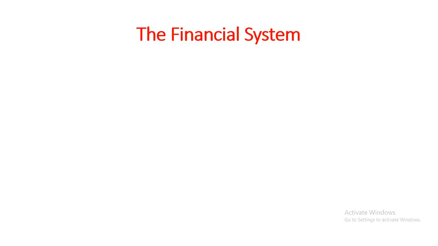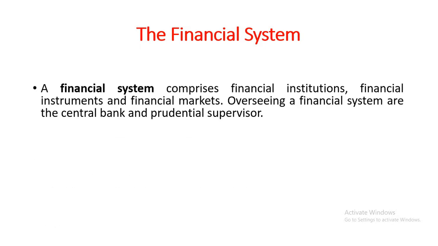Let's look at what it means by financial system and how a financial system mobilizes fund from surplus unit to deficit unit. A financial system includes all financial institutions, financial instruments like share, bond, and financial markets like organized market, over-the-counter market.